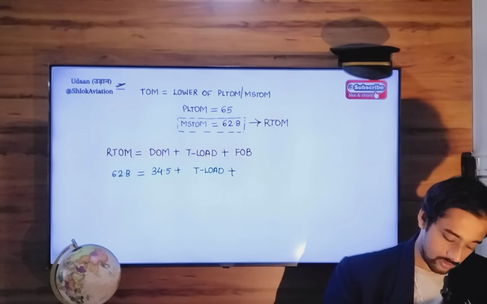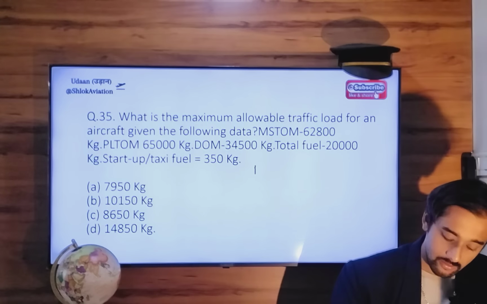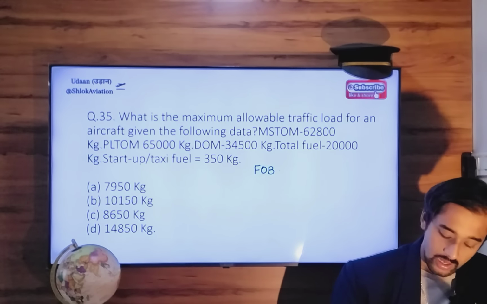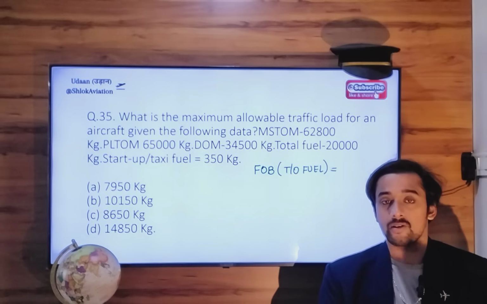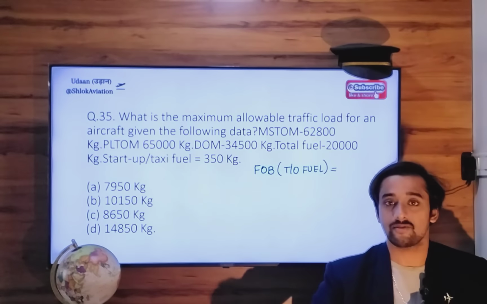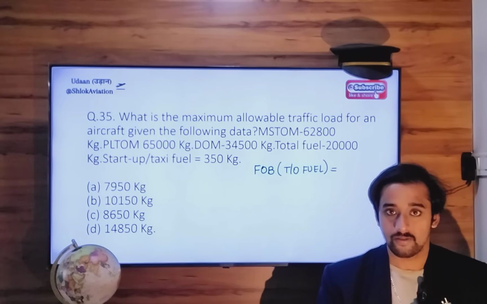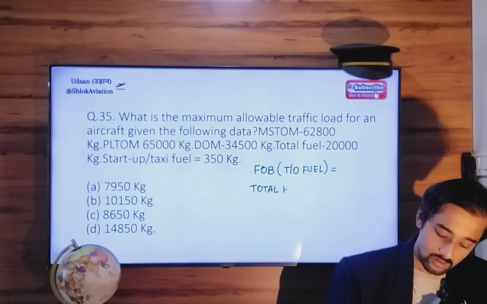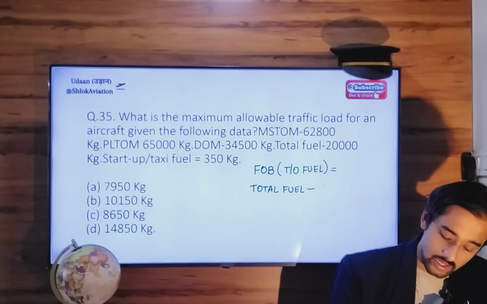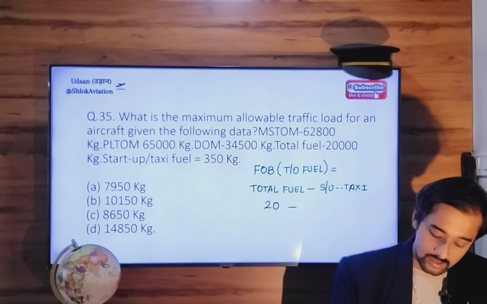Fuel on board or takeoff fuel is not given directly, but fuel on board, also known as takeoff fuel, is that fuel which is available in the fuel tanks when your aircraft is lined up with the runway and ready for takeoff, right? So that fuel will be equal to total fuel minus startup and taxi fuel, right? So total fuel is 20,000 minus 0.35.